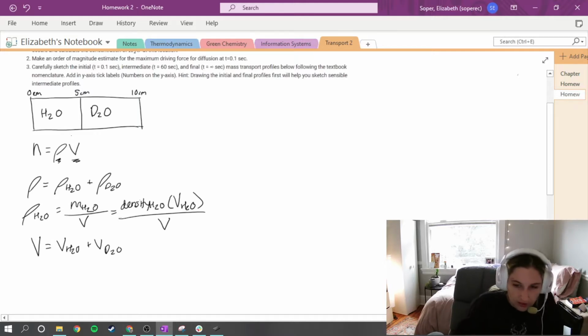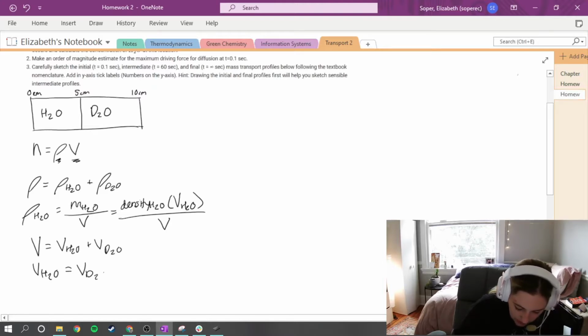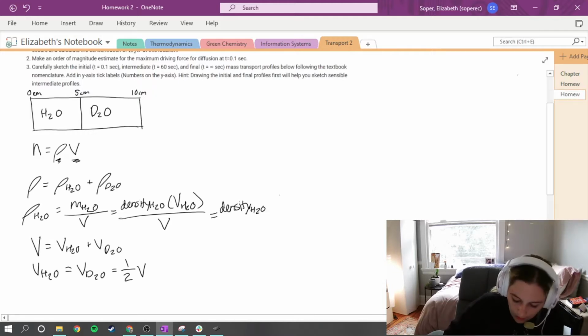So we have half water and half deuterated water in volume, which you can see depicted in our drawing. So we can write that the volume of H2O equals the volume of DTO, which equals 1/2 of the total volume. So we can plug the 1/2 of the total volume in so that we can simplify it further.